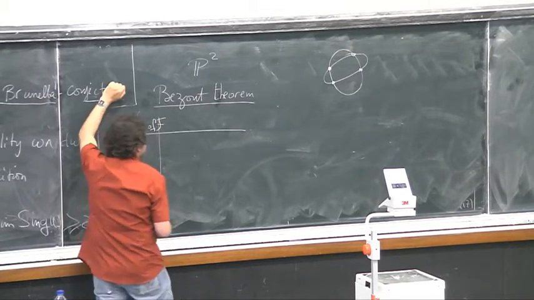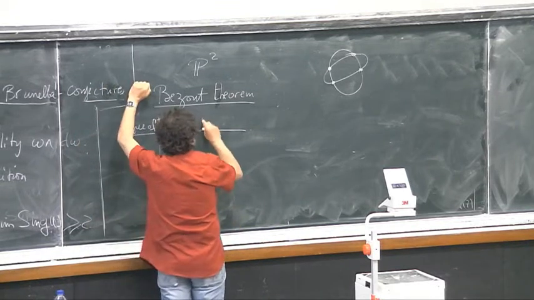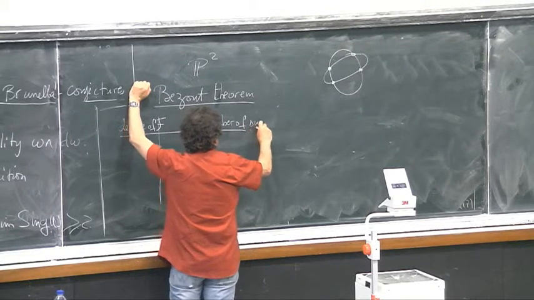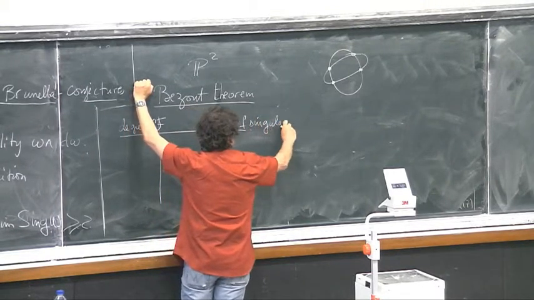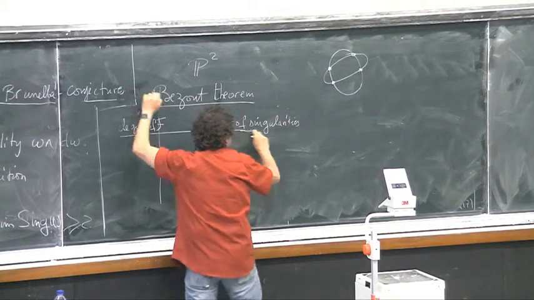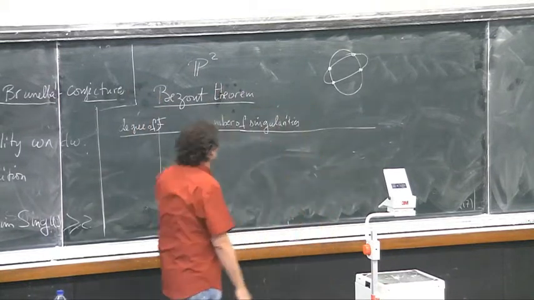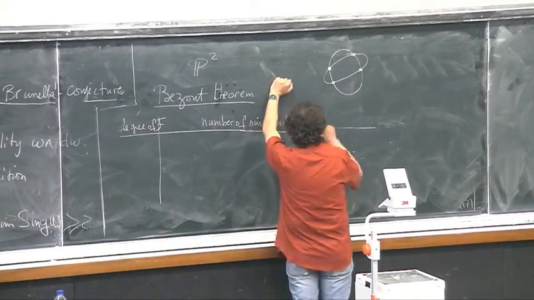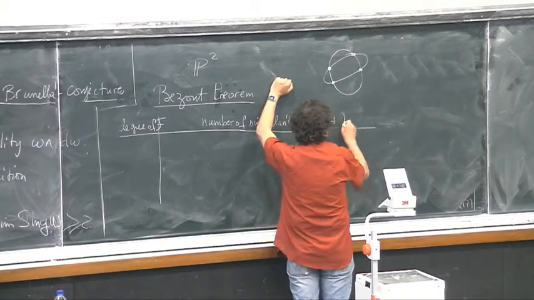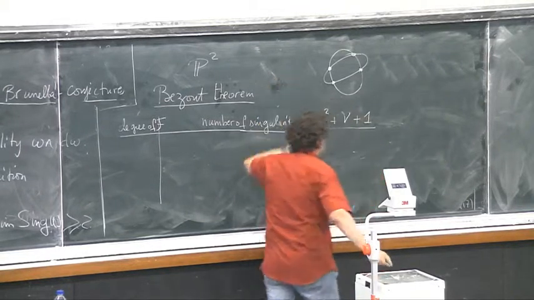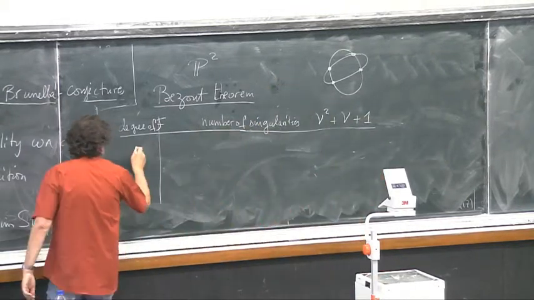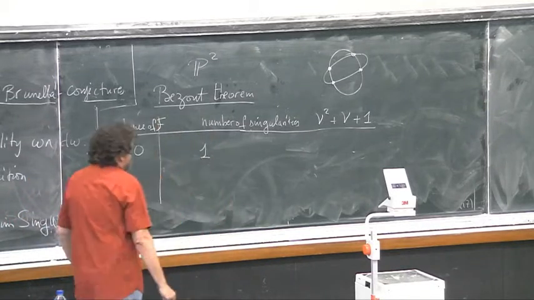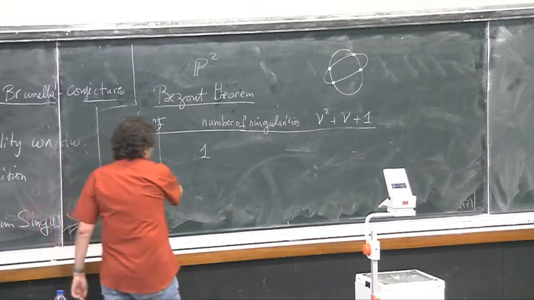And in general, the number of the singularities, it's a consequence of the classical Bézout theorem. The number of singularities is exactly nu squared plus nu plus 1. For example, for degree 0, we have 1 point, one singular point.